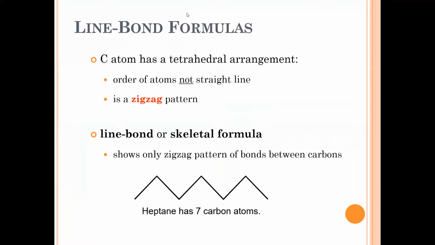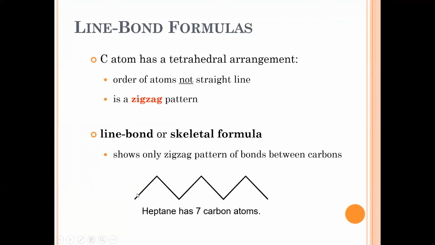The other way we can draw and show our carbon bonds is by doing what we call line bond formulas and skeletal formulas. In these, we just show the lines, and each one represents a bonded carbon to another carbon. So we're really condensing down, and this is kind of what we call the lazy chemistry way.